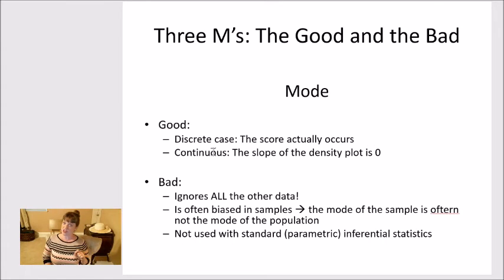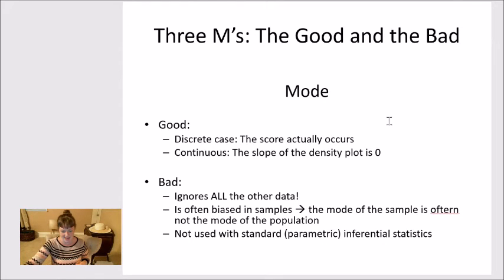You do need to know that in the discrete case, the mode is a number that actually occurs in the data. But in the continuous case, go back to our lecture on data, discrete versus continuous: limited number of possible choices, can't cut it in half, 1 child, 2 children, 3 children, 4 children, versus continuous, an infinite number of possible reaction times.